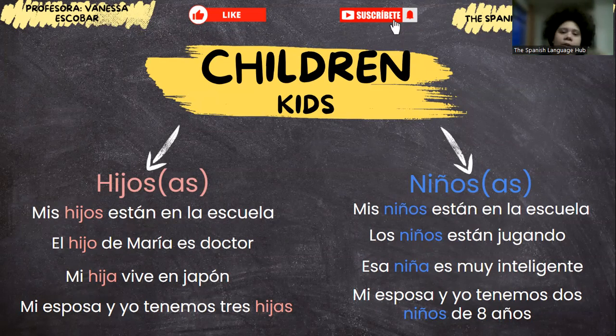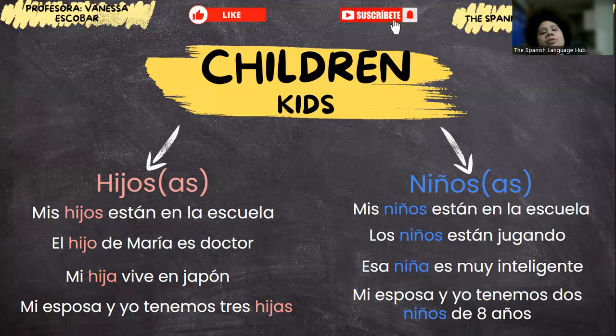Maybe we can infer if we see that it's a very young couple. Well, they cannot be grown-ups yet, but just by saying tenemos 3 hijas, it doesn't really say if they are niños, if they are under 13 years old, if they are teenagers or if they are adults. Teenagers, adolescentes, en español, by the way.